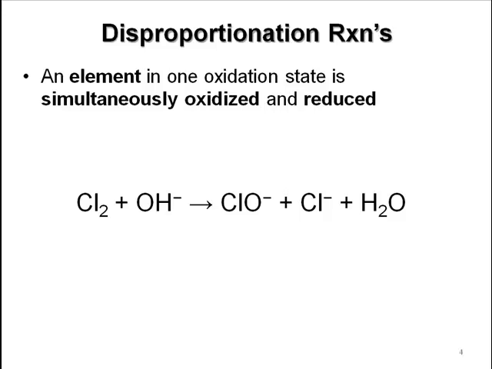Chlorine plus hydroxide ions. You start out with 0 for the chlorine, -2 for the oxygen, and +1 for hydrogen. And here we've got +1, -2, -1, +1, and -2 for the oxygen. You'll notice the chlorine goes from 0 to +1 and to -1 at the same time.